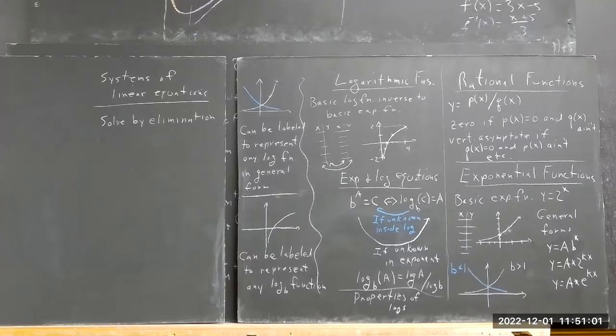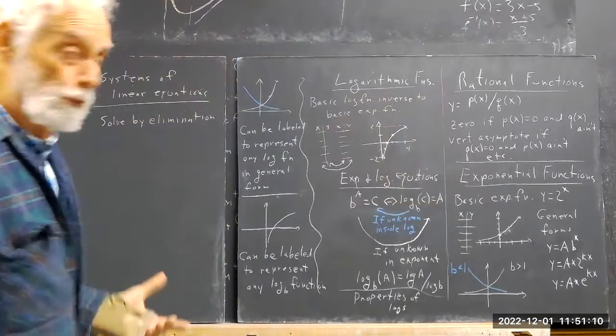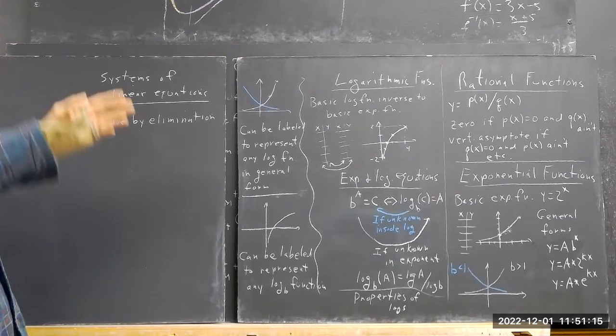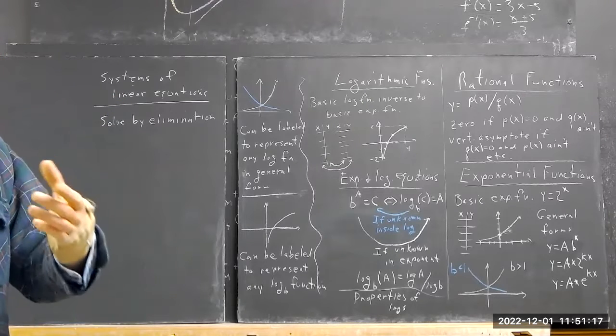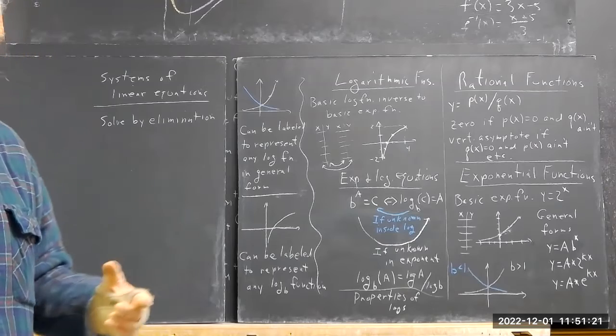As I said, I started to dive into systems of linear equations. What I really want to do is similar to what I did here: list maybe four things, maybe more, and ask you to write down whatever comes to mind.